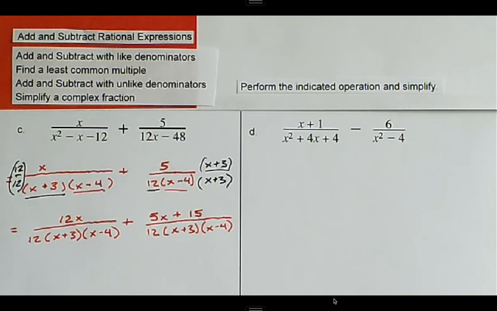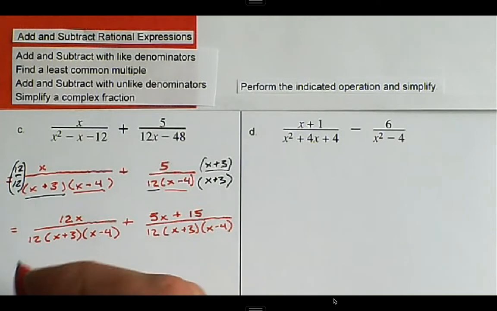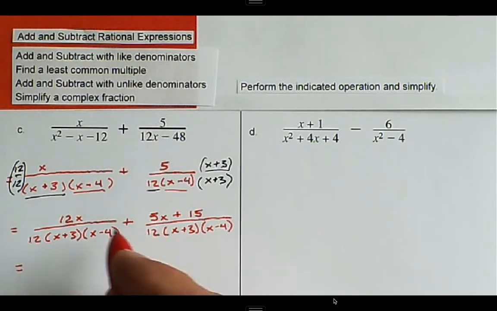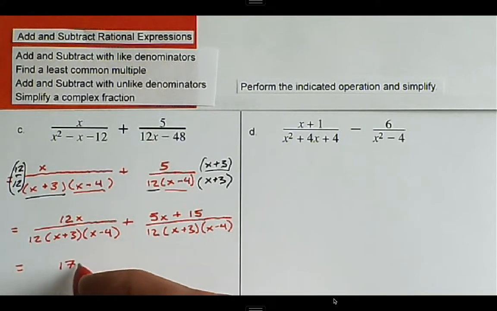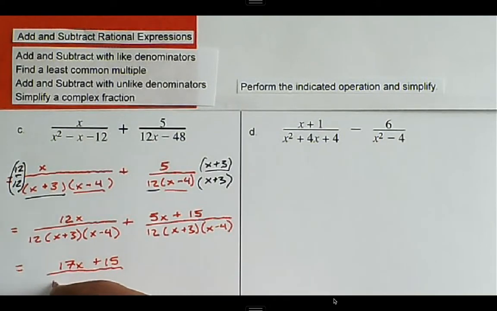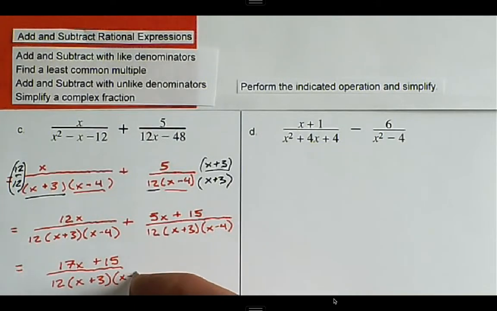What we can do next is add our numerators together. And what we get is 12x plus 5x is 17x plus 15. And our denominator is going to stay the same: 12 times x plus 3 multiplied by x minus 4.